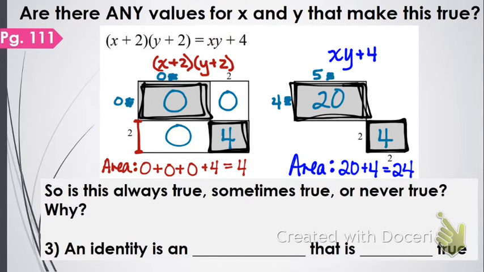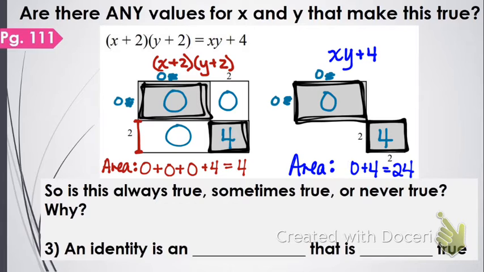Talk to me about the other diagram. If I have to put the same thing in for x and y here, what would the area of this space be? 0. So what would the area of this entire model be? 4.